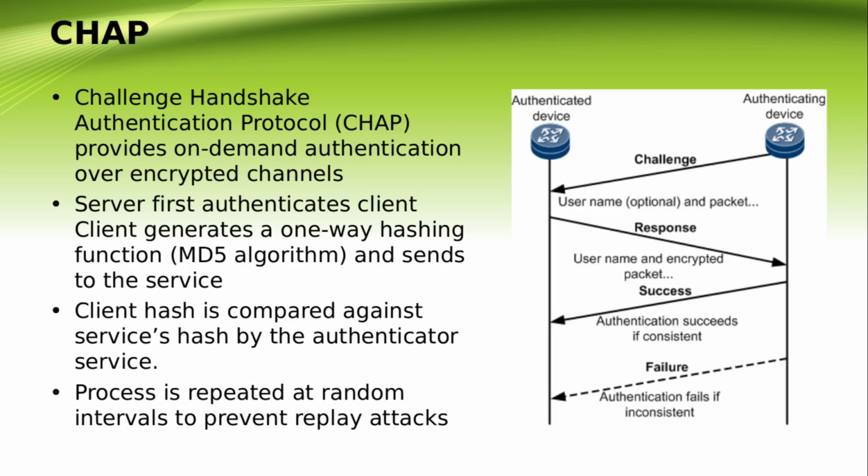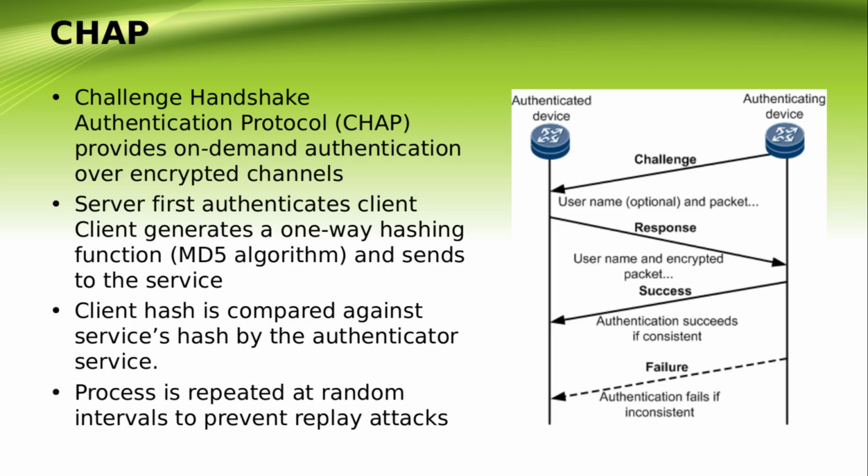This process is repeated at random intervals during a session of data transactions to help eliminate the possibility of a replay attack. The process of authenticating is called a three-way handshake. You can see it in the example picture. Actually, four steps are involved because the first step is establishing the connection, but the authentication process itself is a three-way process.